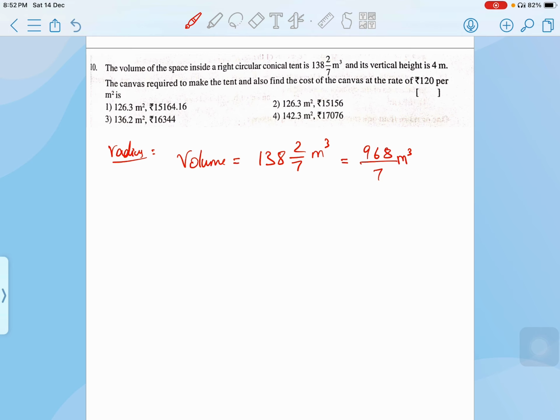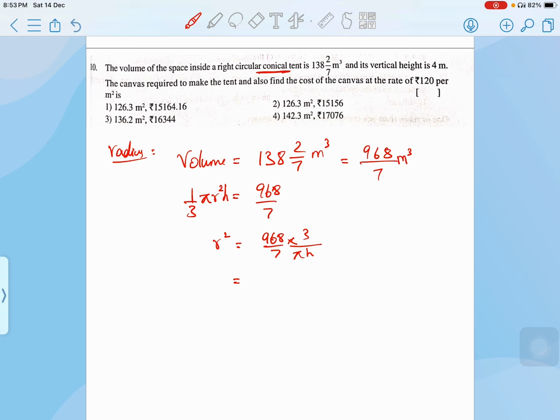And what is the formula for this? It is a conical shape. So 1 by 3 pi r square h will be 968 by 7. So we can use this formula. r square equals 968 by 7 into numerator 3, denominator pi h.